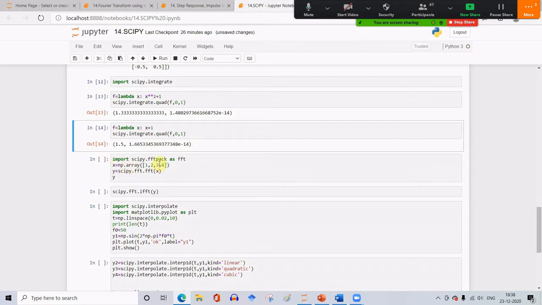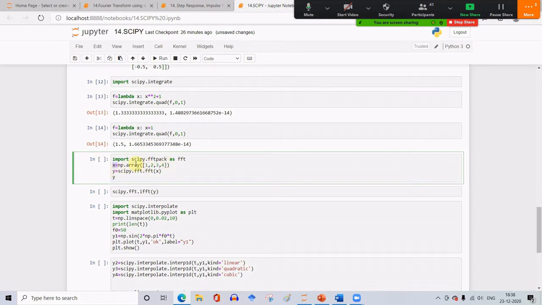So next up, Fourier transform. Fourier transform package FFTPACK, SciPy.fftpack is the subpackage of SciPy which calculates the Fourier transform and also inverse Fourier transform. So import SciPy.fftpack as fft, and then let me consider an array x is equal to np.array 1 2 3 4.